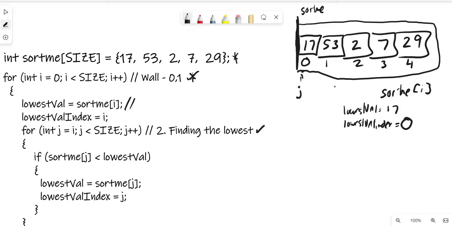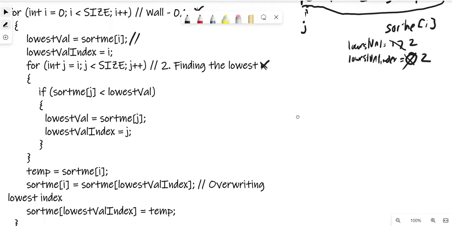So when we go through with j over here, we find that the lowest value is eventually going to be 2, and the lowest index is eventually going to be also 2. And then as we end the loop, we do the swap, right?